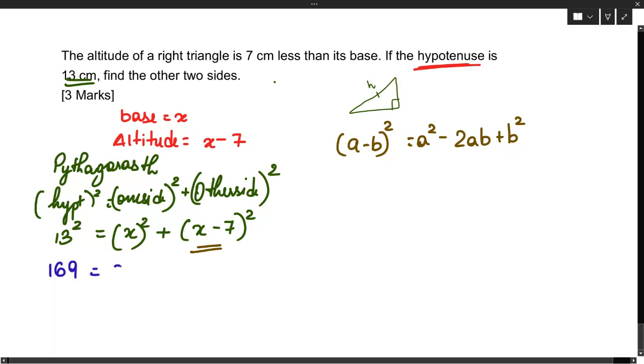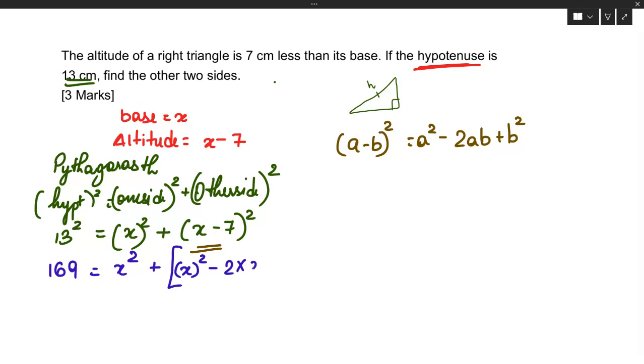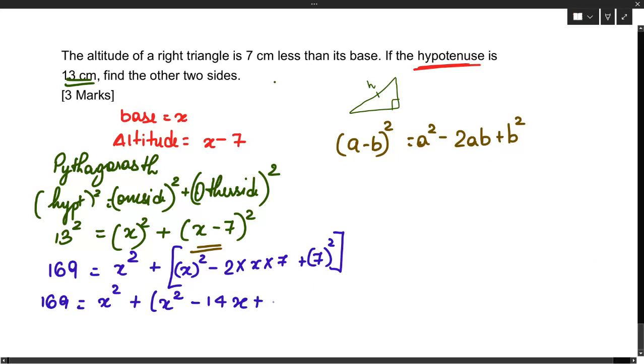So x square plus, a square minus 2 into a into b plus b square. Yeah, so identity we have used here. So 169 is equal to x square plus x square minus 14x plus 7 sevens are 49. Yeah, correct. So till here we can conclude.